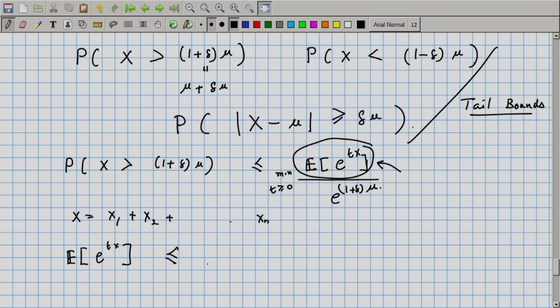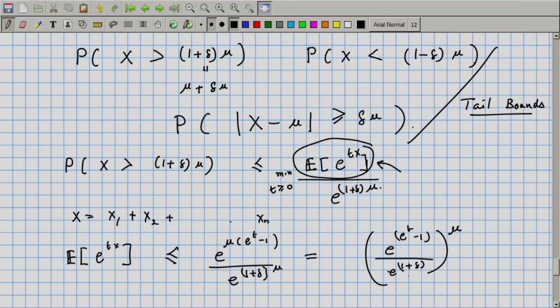So, we have this to be less than e raised to mu times e raised to t minus 1, divided by e raised to t times 1 plus delta. Okay. So, this is equal to e raised to t minus 1 divided by e raised to t times 1 plus delta, the whole raised to mu.